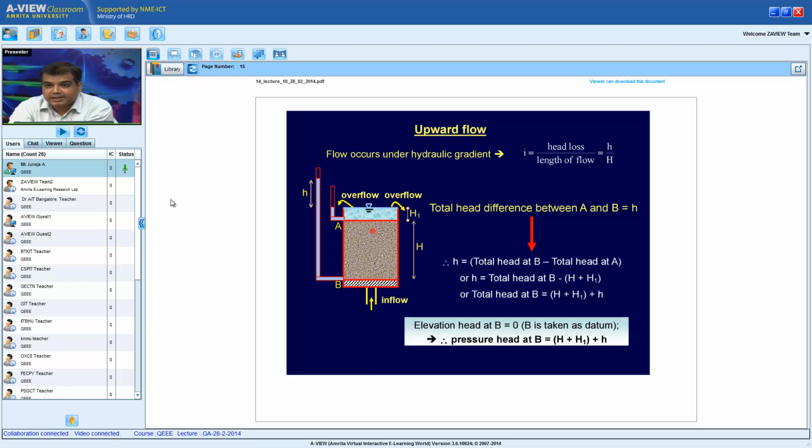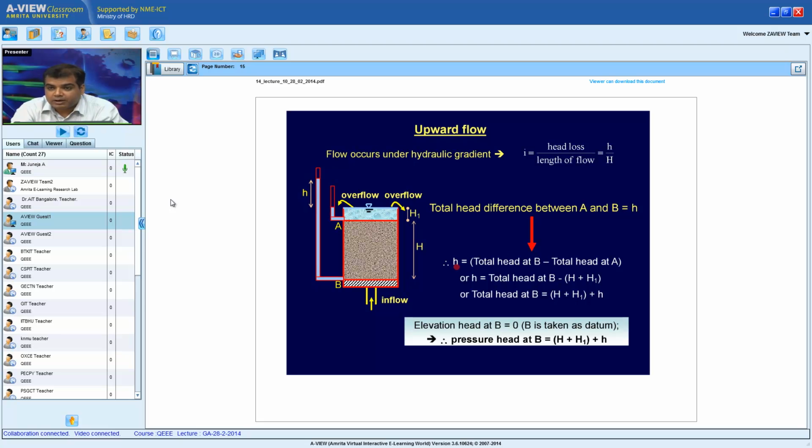Pressure head is H1, meaning if I insert a standpipe at A, the water in the standpipe will go up to this level, and this height of water in the standpipe is the pressure head. So total head at A is this fellow over here. Please ignore the remaining part of this expression. I have total head at A equals H, which is the elevation head, plus H1, which is the pressure head.